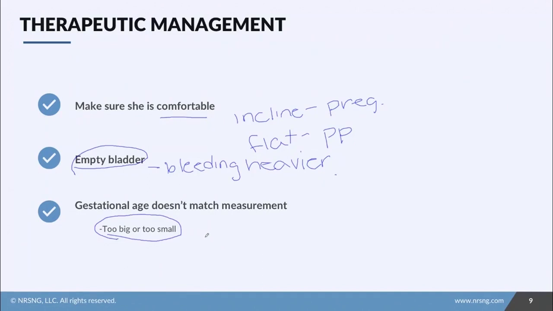So remember, if the uterus measures 28 centimeters and that patient is really supposed to be 30 weeks, then what's happening? That baby is measuring too small. So we need to try to look for reasons as to why. Is the baby not getting good nutrition anymore, or what exactly is occurring? So this gestational age measurement with a fundus allows us to actually check on the fetus and how it's doing in utero.